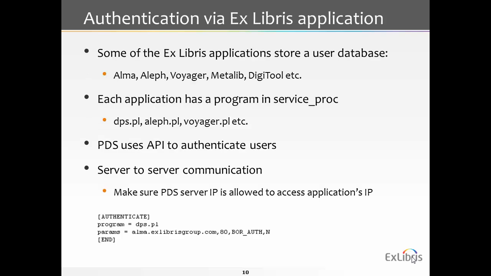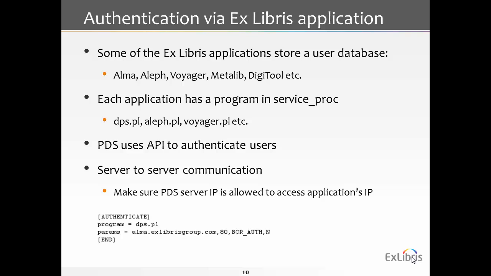Some of the Ex Libris applications store a user database. So we can configure PDS to request authentication from one of these applications via their user database by defining the relevant API program of that product.